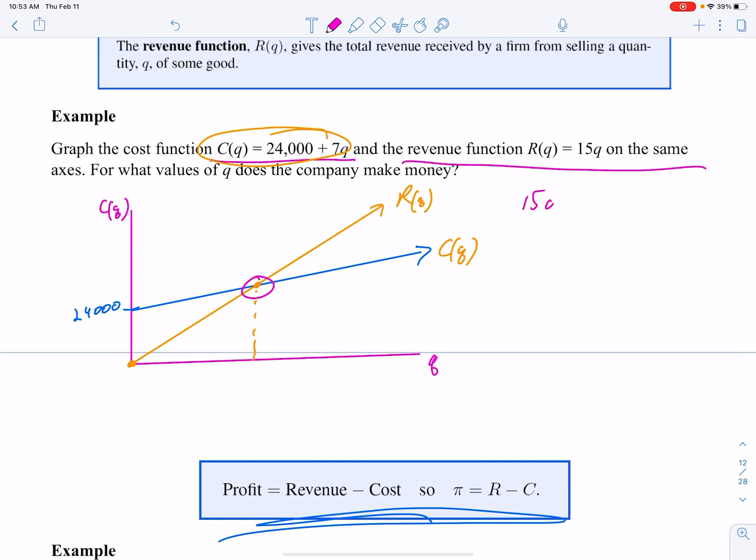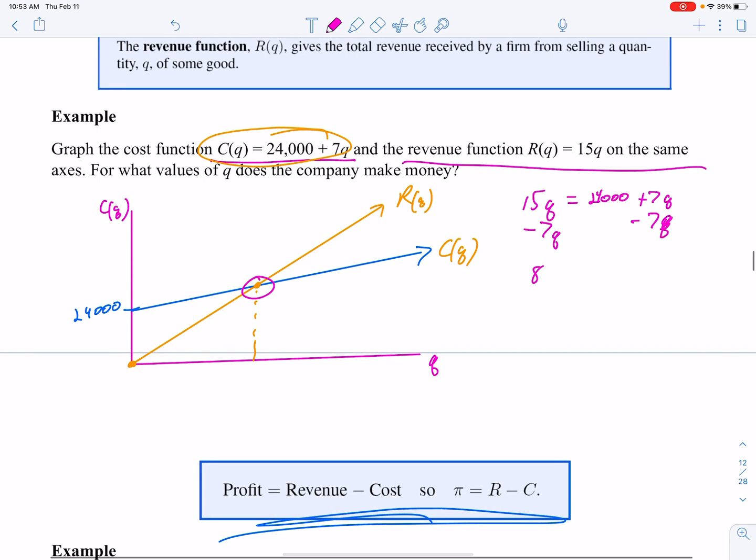So we do 15Q equals 24,000 plus 7Q. All right, so we do some algebra, right? We subtract 7Q from both sides. So we get 8Q equals 24,000. We want Q by itself, so we divide by 8.